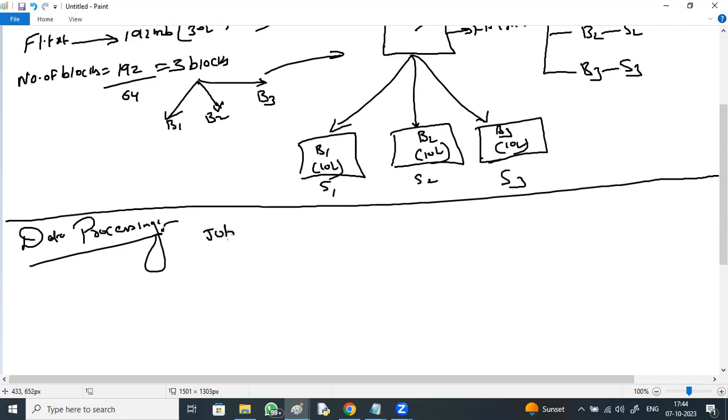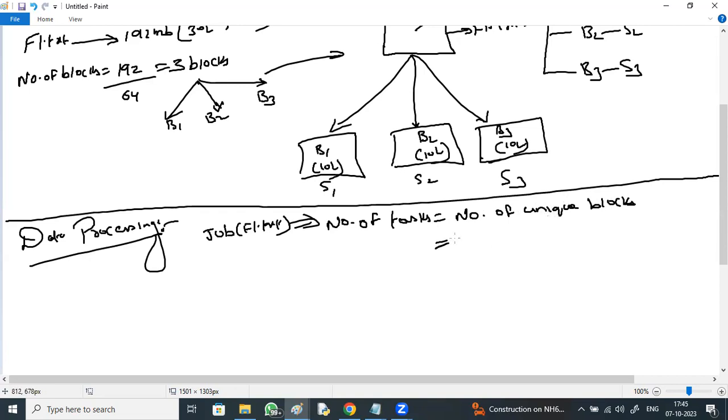Your job is to process f1.txt. The job is divided into tasks. In Hadoop, the number of tasks always depends on the number of unique blocks.